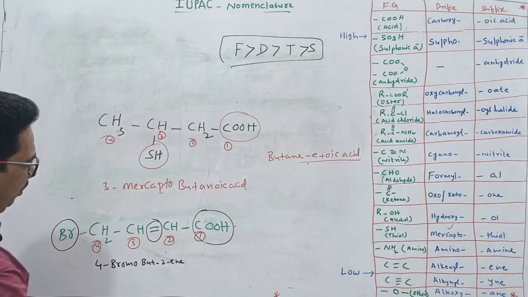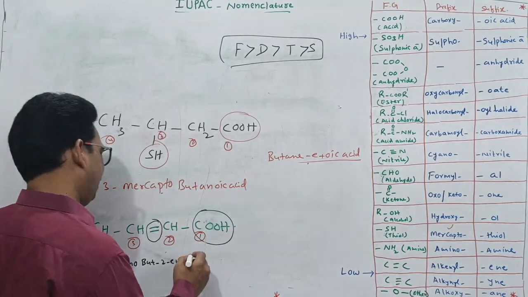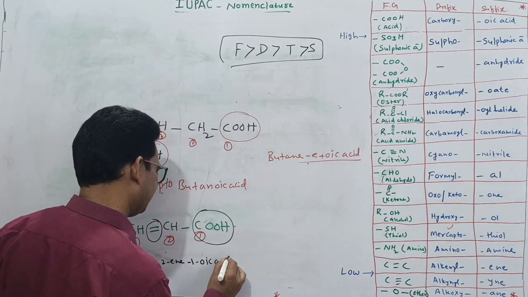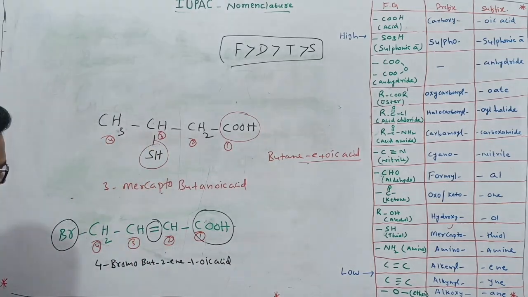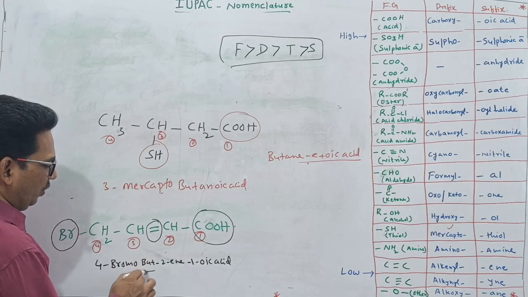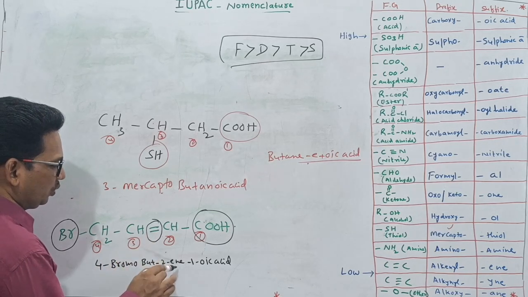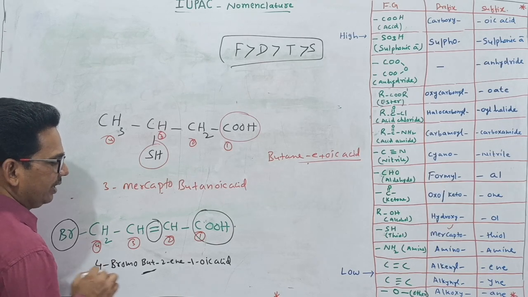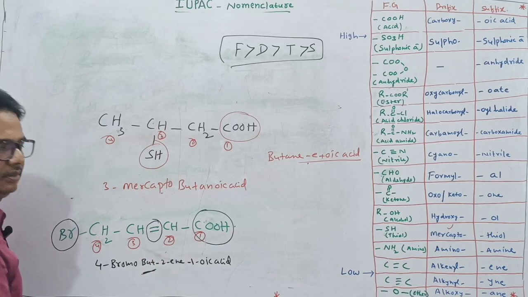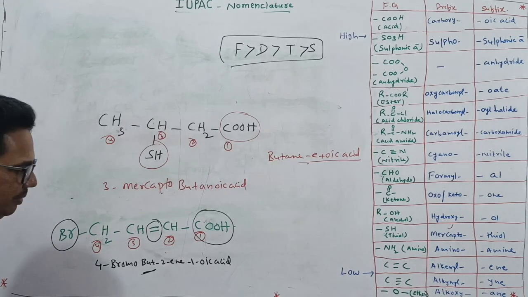Butene, but plus 2-ene, because second position पे double bond है, then 1-oic acid. इसका मतलब क्या है? फोर्थ पोजीशन पे ब्रोमो, देन वर्ड रूट इज द ब्यूट, देन सेकंड पोजीशन पे ene is there, दैट्स व्हाई आई wrote 2-ene, ओके, देन 1-oic acid. 4-bromobut-2-en-1-oic acid, ओके, अंडरस्टैंड? समझ में आया?